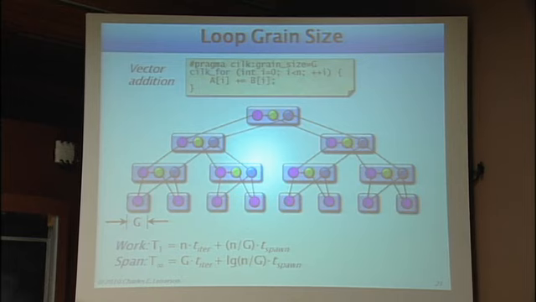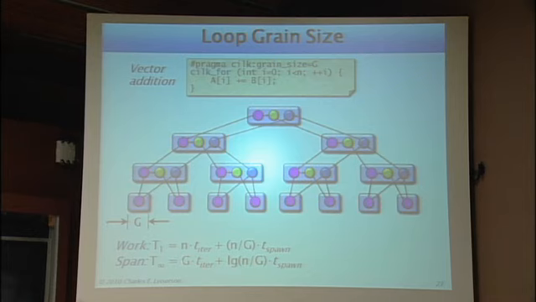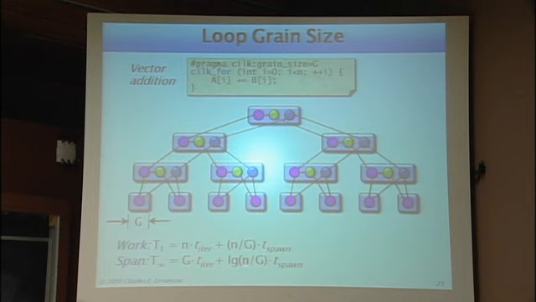But then when I get to the leaf, I'm executing the leaf serially. So I'm going to have whatever the cost is, g times the time per iteration, executed serially, plus log of n over g. That n over g is the number of things I have here, times the cost of the spawn, basically. Does that make sense?